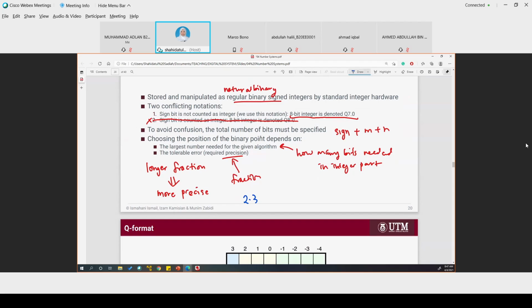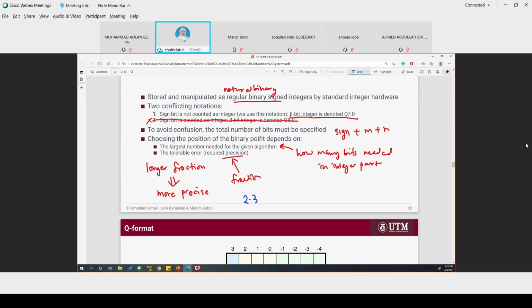But on the fraction part, it is 2 to the power of minus 1, 2 to the power of minus 2, 2 to the power of minus 3, and 2 to the power of minus 4 here.